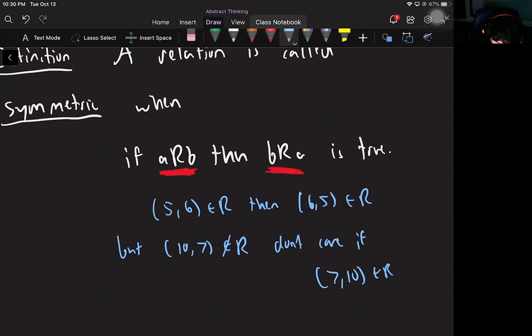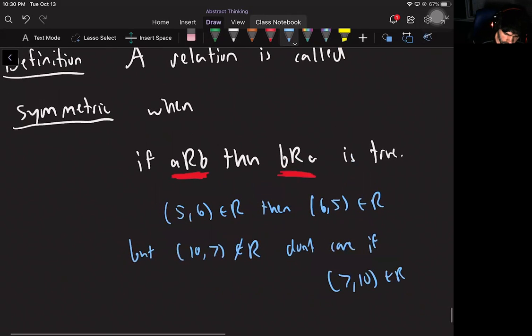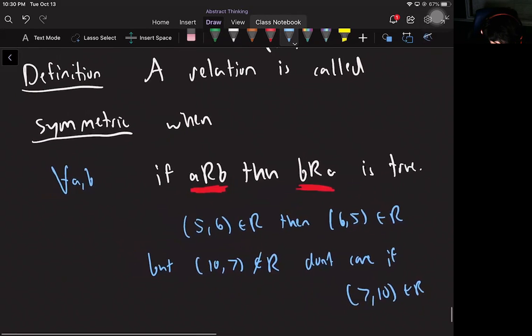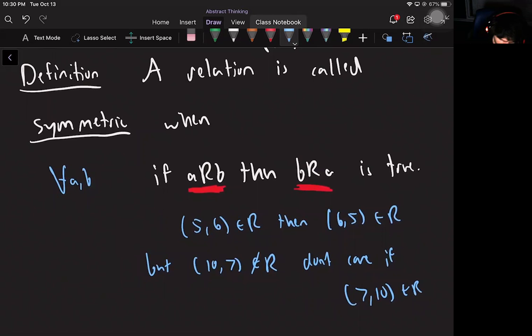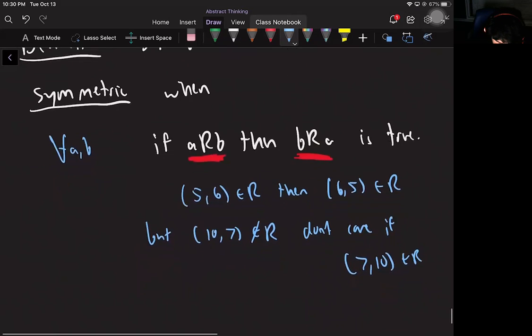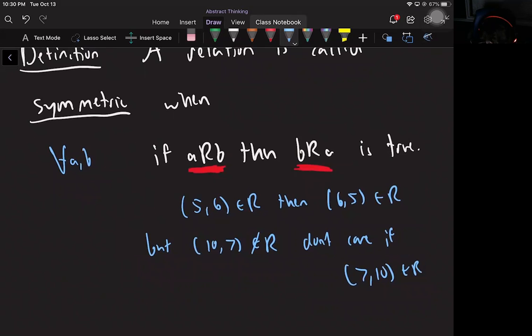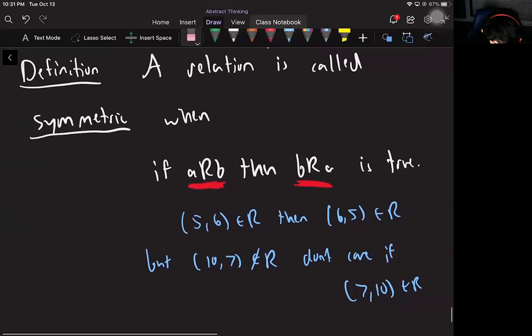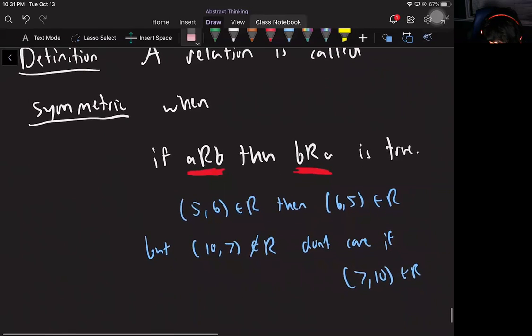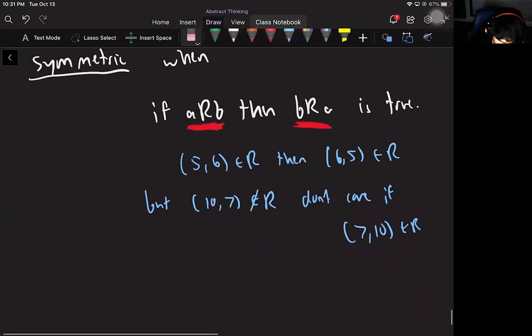I did not say for all A comma B. If it was only symmetric for all A comma B, then this would always have to be true for all A's and B's, so you would have to check every single element, which would be ridiculous anyway, because relations wouldn't typically have all of the possible ordered pairs, because then that would just be the whole product set. So yeah, it's an if-then statement.